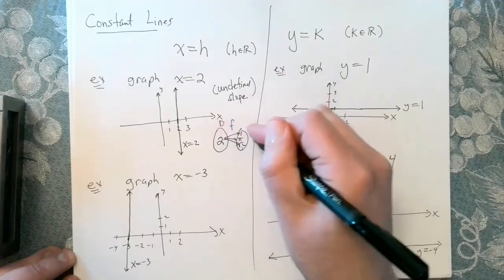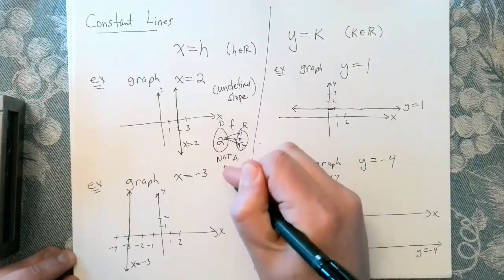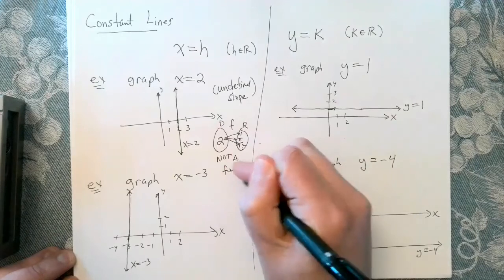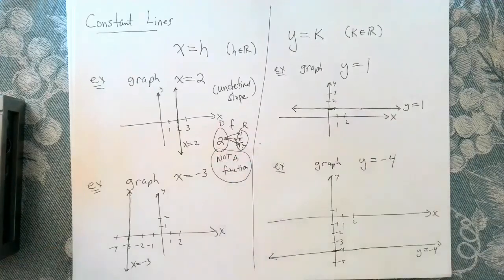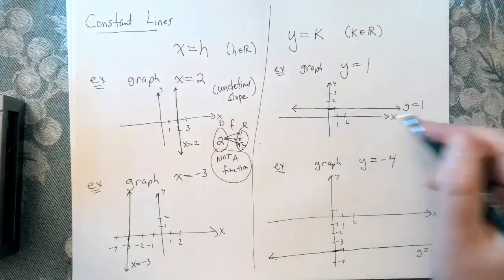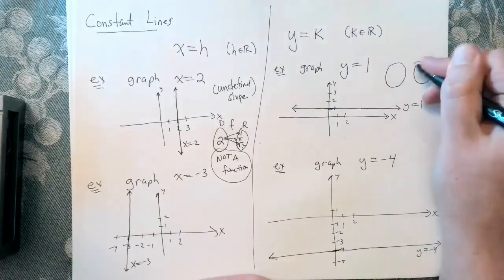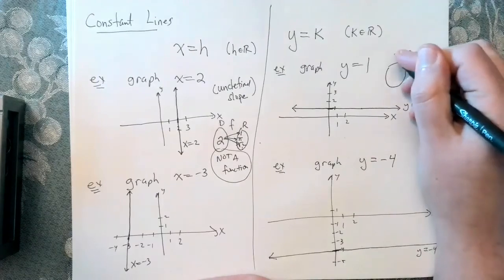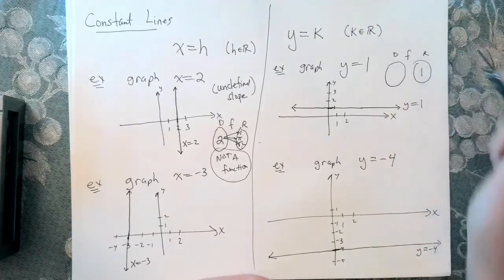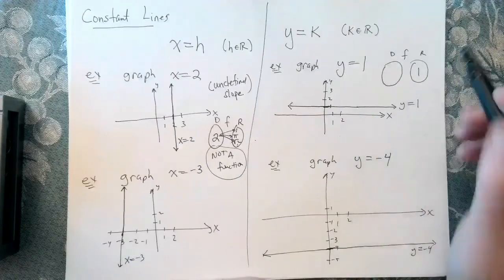So let's call this the domain, maybe the range. Not a function. Certainly a relation. Remember, relations were subsets of the plane, right? But it's not a function. Here, there's no issue at all. Here, sort of the opposite's happening in some sense, right? So domain, range. Only one number gets mapped to here, only a value 1.